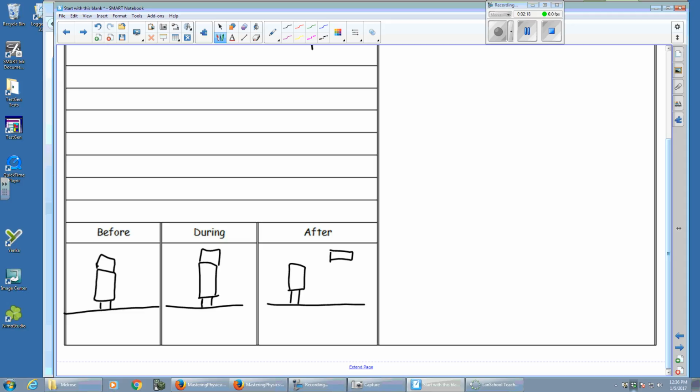Because how much momentum is there while the hockey player is standing there just with the helmet? None, so I don't have to draw any momentum vectors. There's no impulses before, there's impulses during. So the impulse on the helmet is in that direction. The impulse on the player is in that direction.